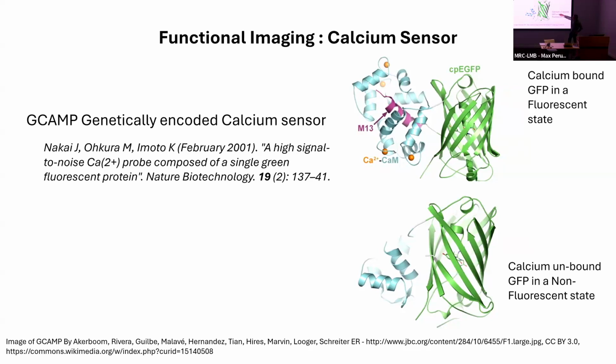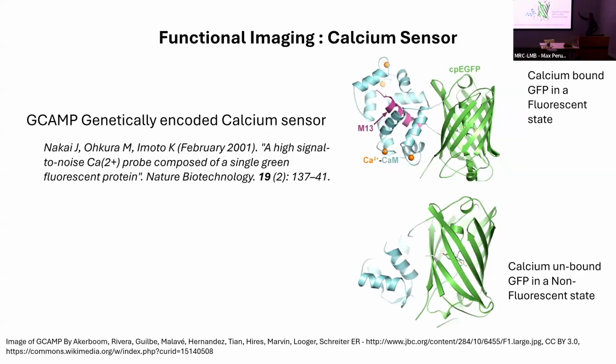And what actually happens is that when calcium isn't bound, this sort of opens up the beta barrel and water gets in and quenches the fluorescence. The chromophore group, which is this bit in the middle here, I think is protonated, but it goes into a non-fluorescent state. When calcium binds, that thing closes up and this becomes fluorescent.